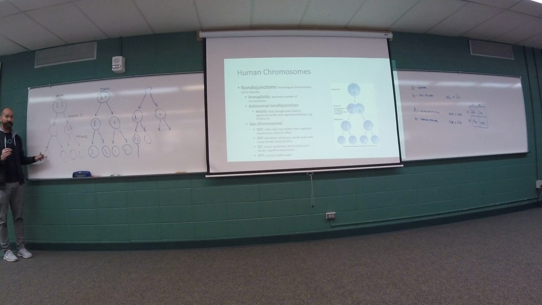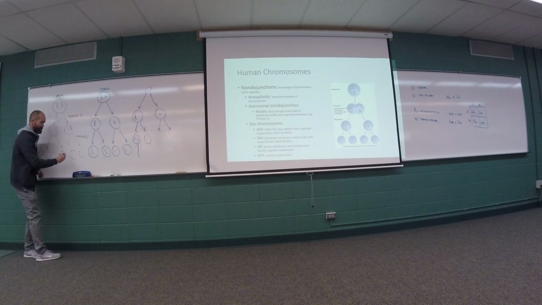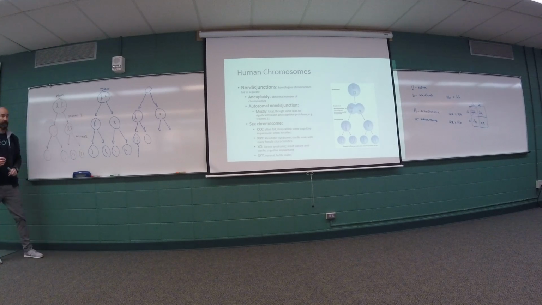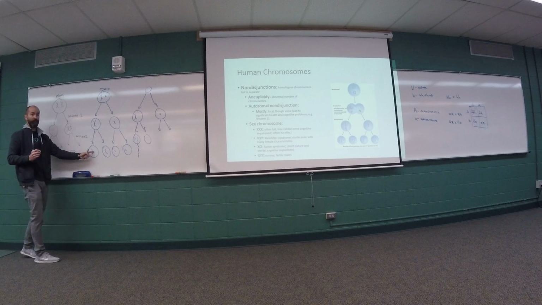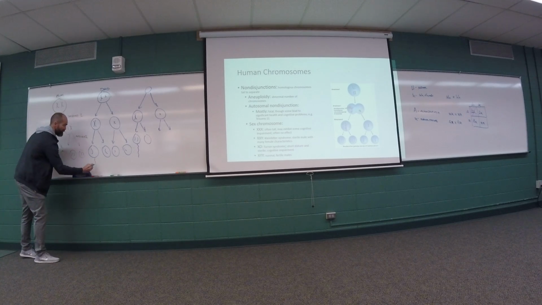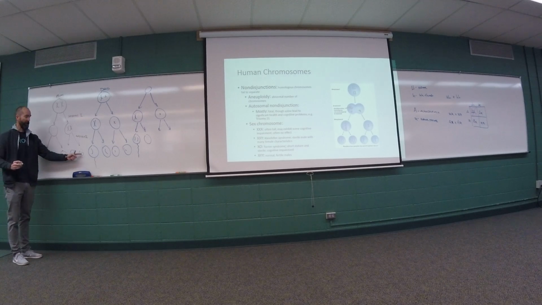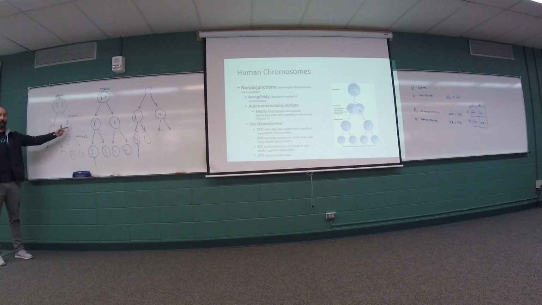Which means that these egg cells aren't going to inherit an X chromosome, but each of these will inherit two X chromosomes. So if this normal sperm cell from dad fertilizes that egg cell, it's going to be XX.